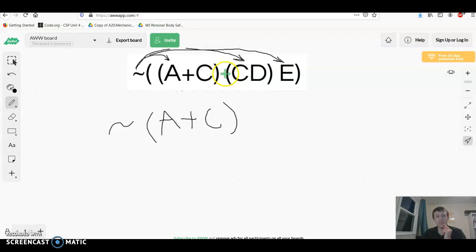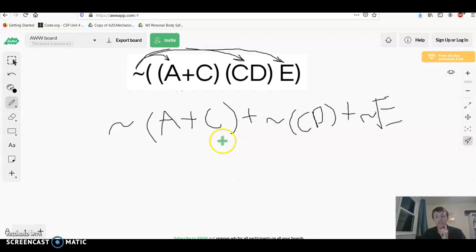That invisible multiplication symbol here that means and needs to switch because we're using De Morgan's law, and it becomes an or. And we have the quantity not C and D. And last but not least, there's another multiplication here meaning and that becomes an or. So we should get or E, and the E is also negated. So not E. All right.